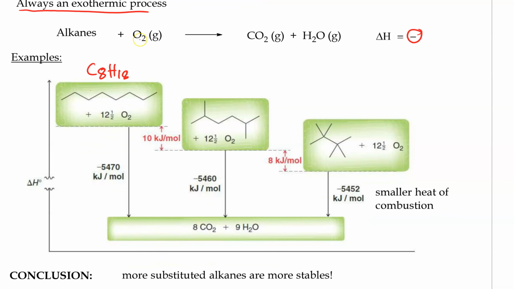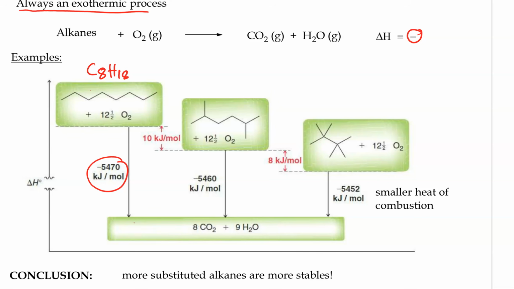When we combine this with oxygen, we need 12.5 O2, and this produces 8 CO2 and 9 water molecules as the products. The delta H of this reaction is negative 5,470 kilojoules per mole. So that would be the combustion of this linear alkane, and that is the chemical equation.